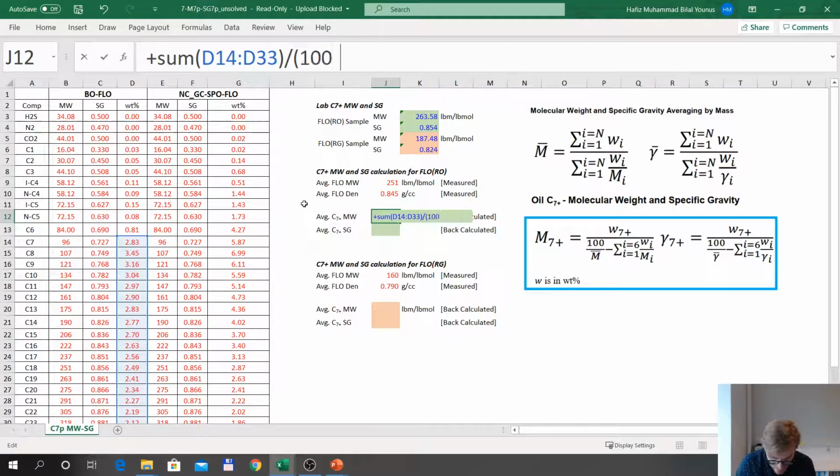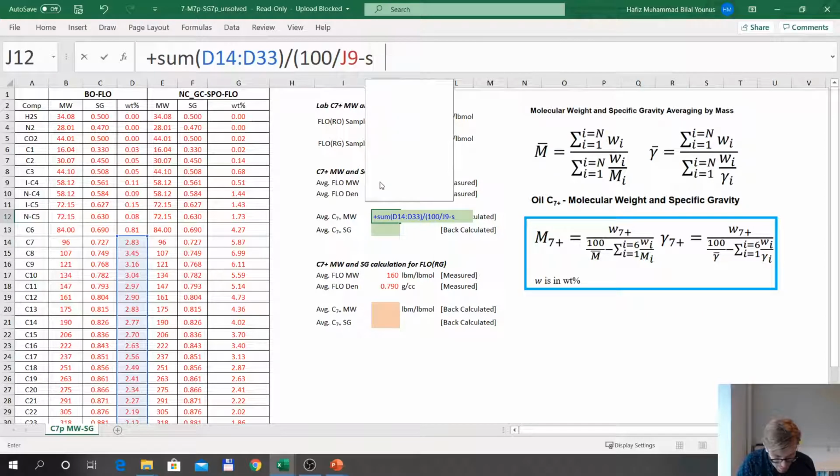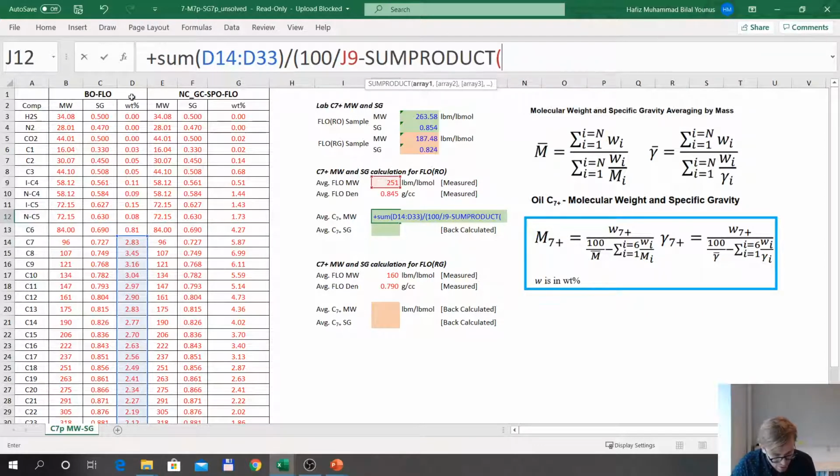Then we do 100 divided by the average molecular weight minus the sum product. And now we need to remember that we're going to use the things that are lighter than C7. So we need to take the sum of everything that's lighter than C6, and then do 1 divided by the molecular weight up to C6, like that.